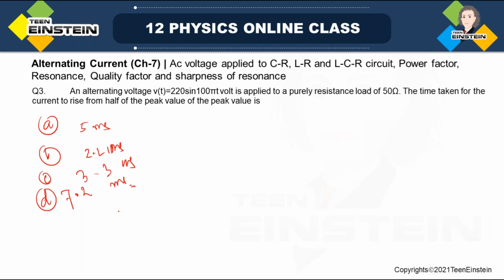So what is the maximum value of the current? I max. So I max is equal to V by R.